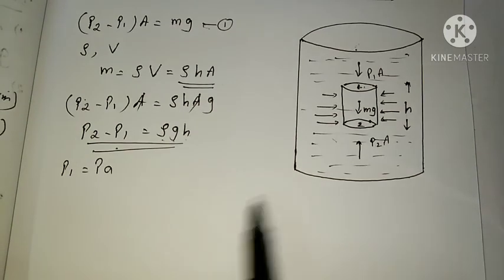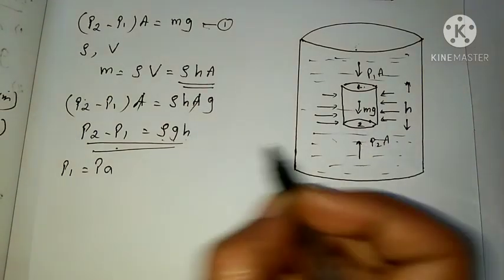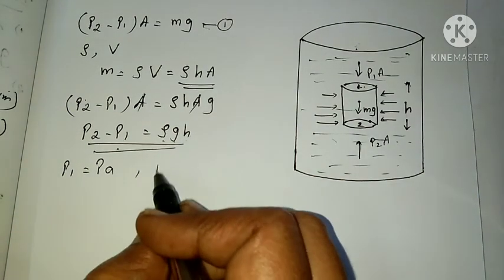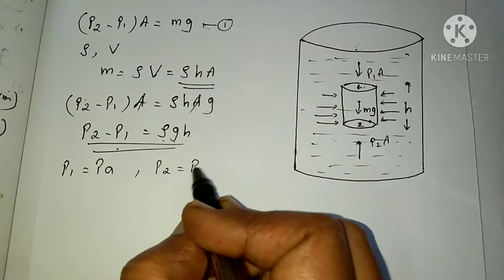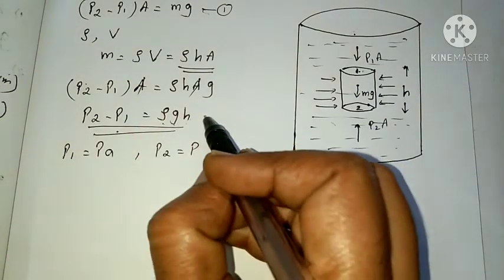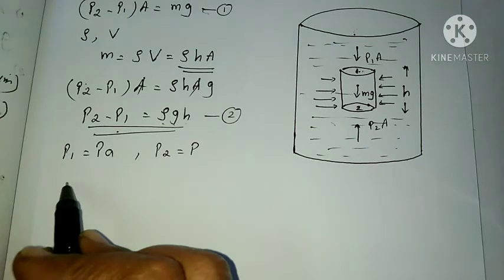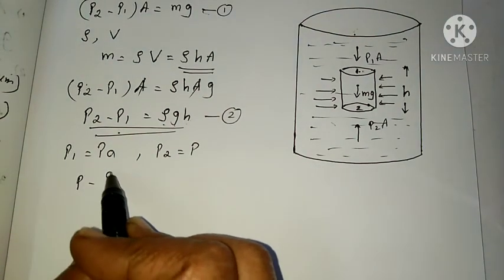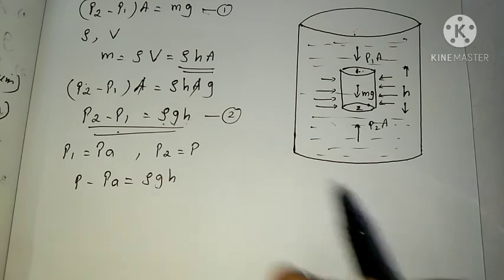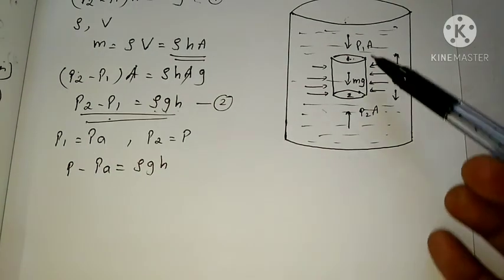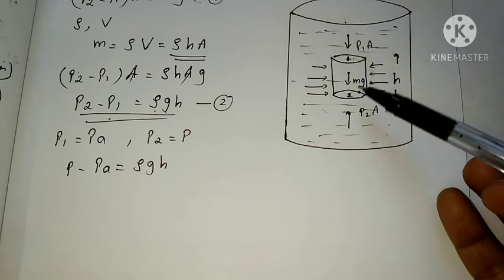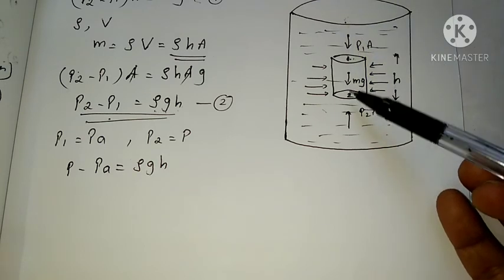Okay, and this point P2, that means the pressure at the point 2, we can note it as only the pressure P. Then this one we can apply in the equation number 2, that is P minus PA equal to rho GH. Clear? So this point 1 is at the top of the fluid, at a distance h from the point 2.